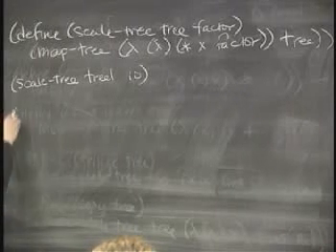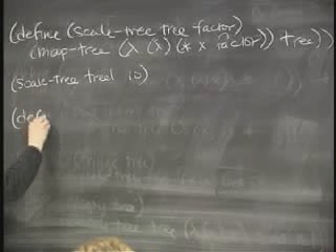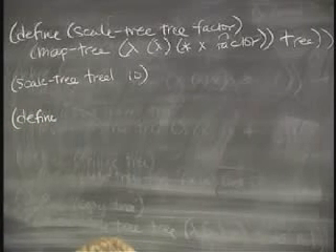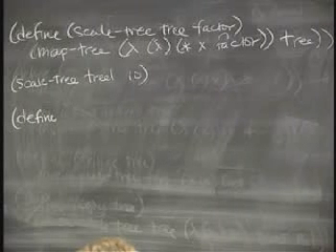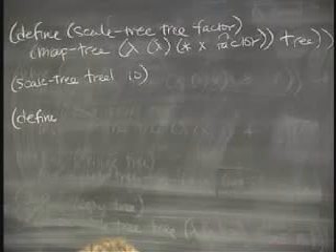What if I wanted to, let's see. Maybe I want to write something where I zero out the elements of the tree. So I preserve the tree structure, but I change all the elements to 0.